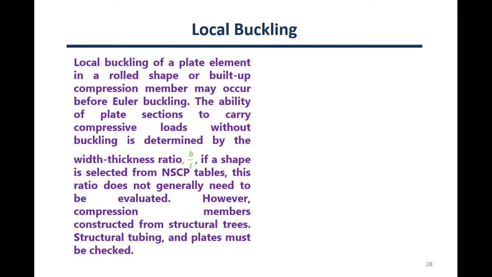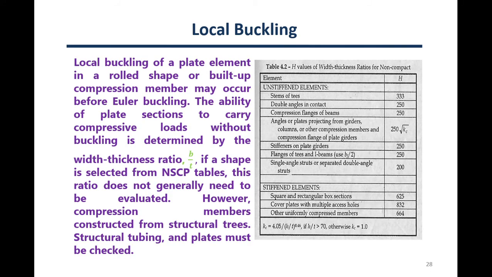Okay, next. For local buckling, so we have here the values. Ayan, ang H natin. So, you have to look for this one also. Importante ito. Local buckling of the plate elements in a rolled shape or built-up compression members may occur before Euler buckling.